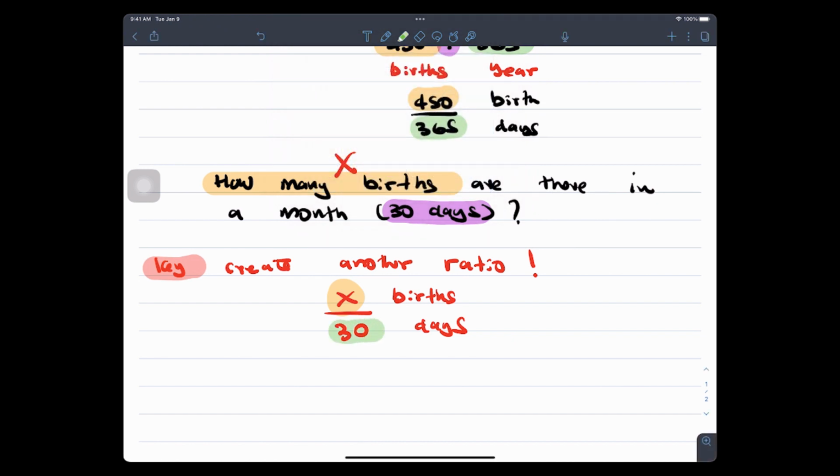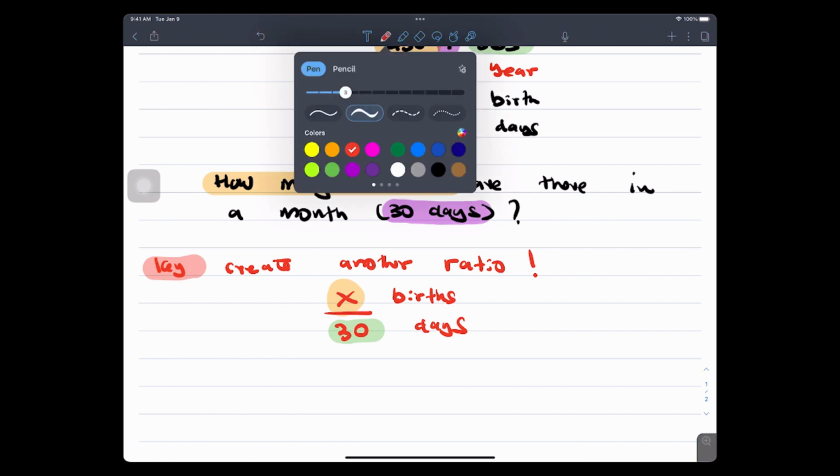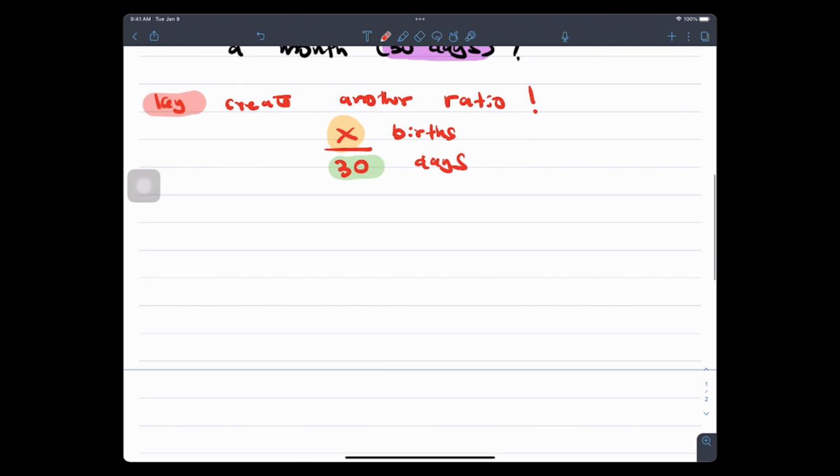Now, if you guys remember here, they're asking you how many births are there in a month if you know how many births are in a year. Do you remember what you had to do? What did you have to do? Here's the other key. Key 2.